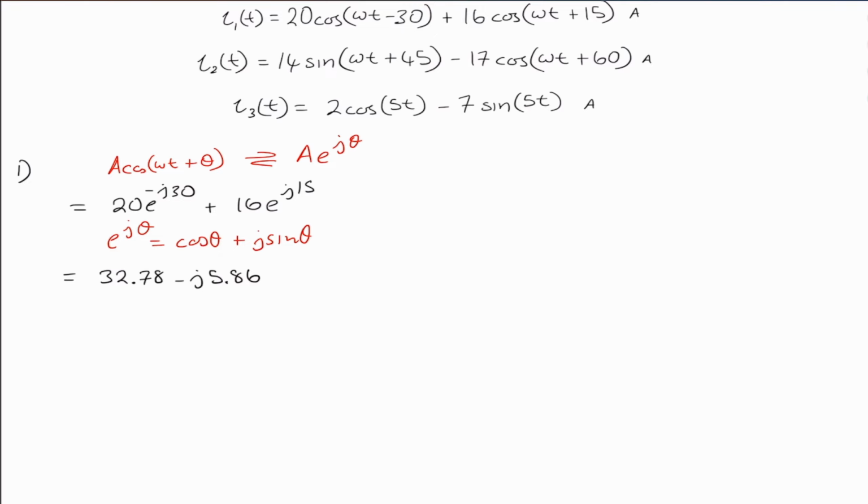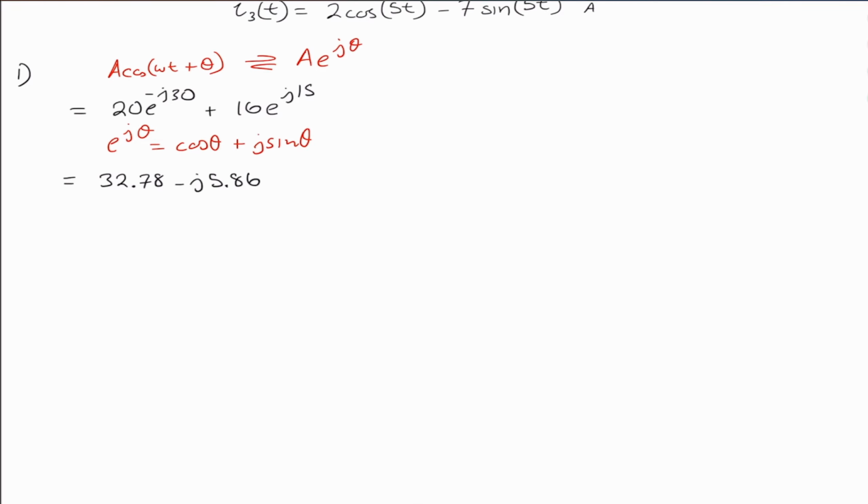We can then go from here using our rules for complex algebra. We know that in polar form, and let's just use x, that is the magnitude of x times the complex exponential e to the j theta. The magnitude is equal to the positive square root of x squared plus y squared, and theta is equal to inverse tangent of y over x.